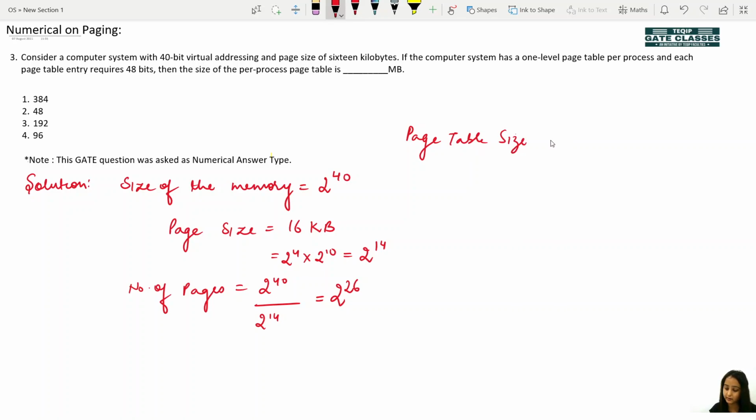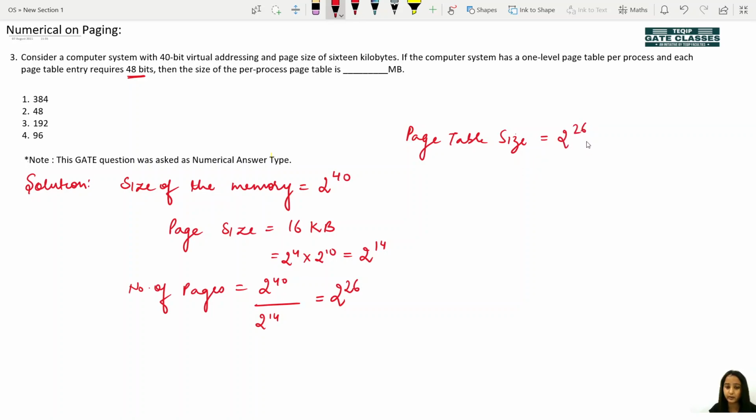Page table size is given by the number of entries in the page table into the page table entry size. Each entry is 48 bits, and the number of entries is 2 raised to power 26.